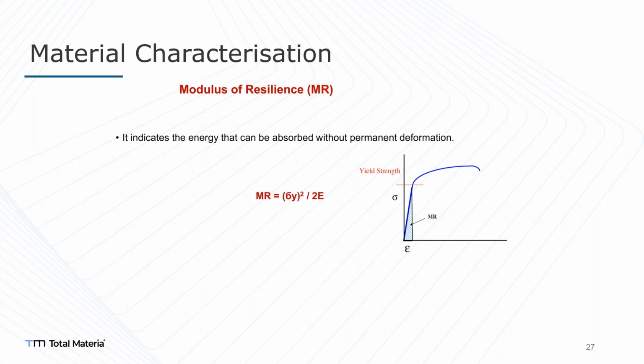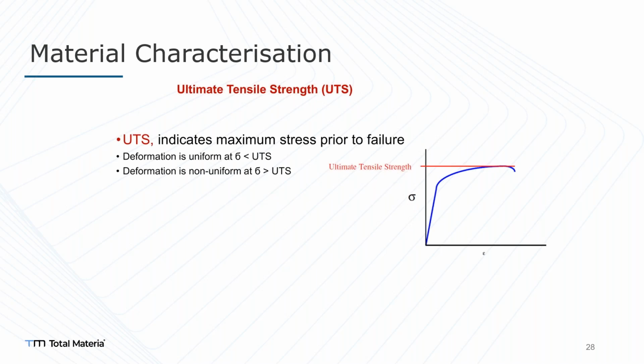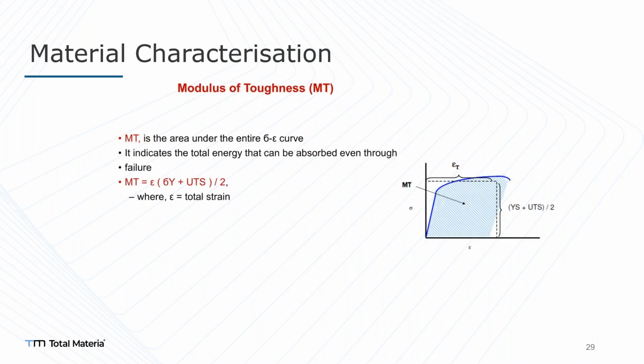Sorry, please go on. This kind of material is really good in terms of crashworthiness, because there's a certain strategy to keep people safe. You don't want really high forces when the crash event happens.